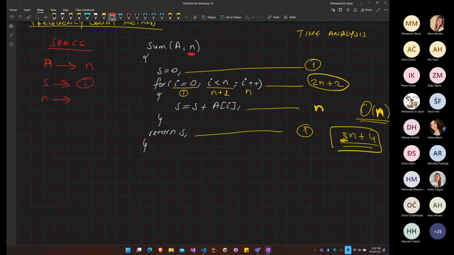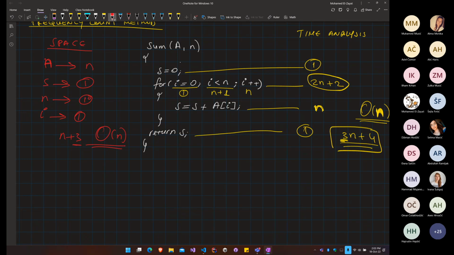This one. 1 word. Also 1, exactly. How big is i? 1 word. Exactly. So it's actually n plus 3, right? So it takes a space of approximately a polynomial order of n. We just ignored the 3 here. Hopefully I didn't forget anybody. S, i, n. Yeah, I think this is it.